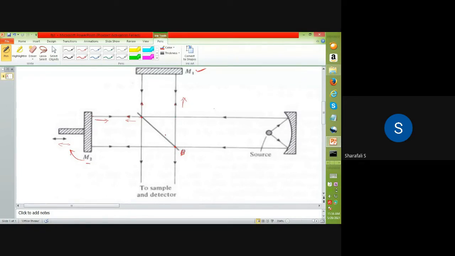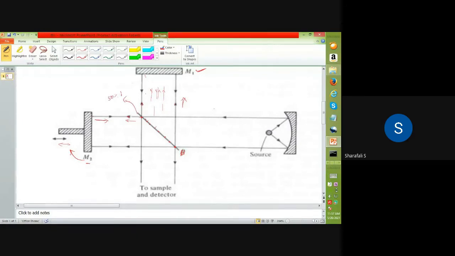Okay. And I will explain more about these components in the next figure. I'm just giving a rough idea. Similarly, a large number of radiations will be coming and hitting these mirrors. Okay. So all those radiations will be coming back and joining at different points on the beam splitter.